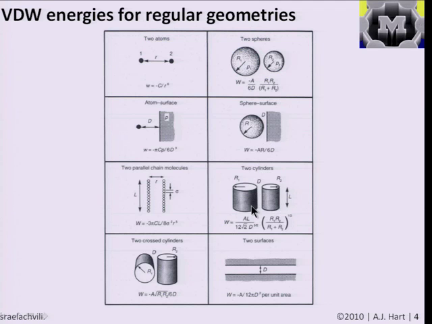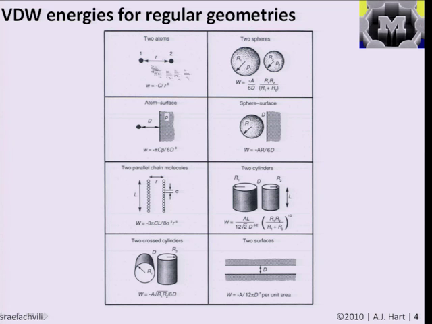One of the important takeaway points from last time is that the power on the distance between the two gets lower as the dimensionality of the bodies gets bigger. Because you're integrating over many things, we go from, say, a 1 over r to the 6th for the case of two atoms or two molecules having this interaction to a 1 over the separation in the case of two spheres.